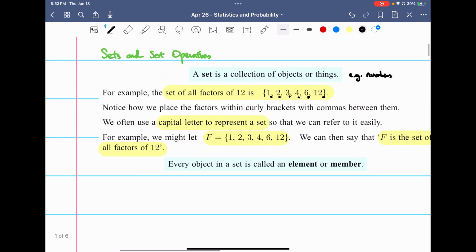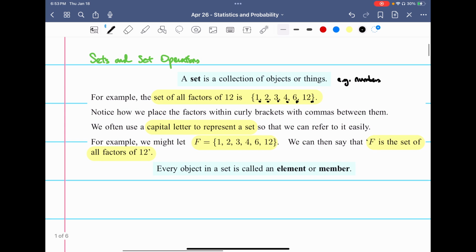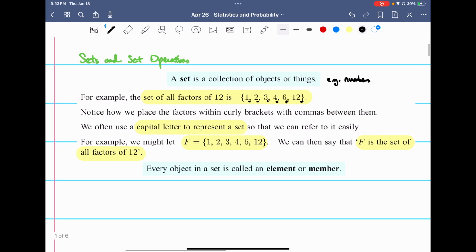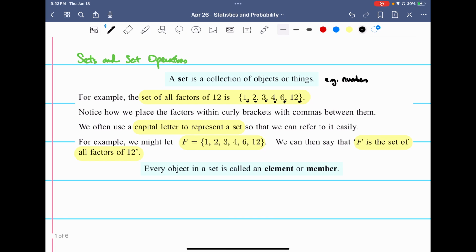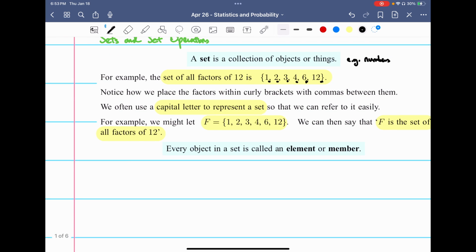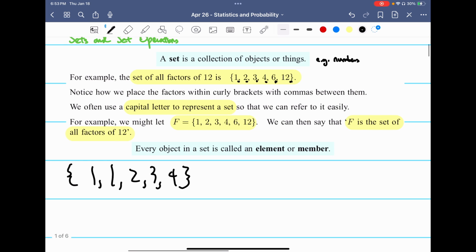So what this is trying to explain is that a set is literally just a set of numbers. For instance, in math, we will call it a set of numbers. So any number series can be a set. For instance, here we go. This would also be a set, and this would also be a set of numbers.